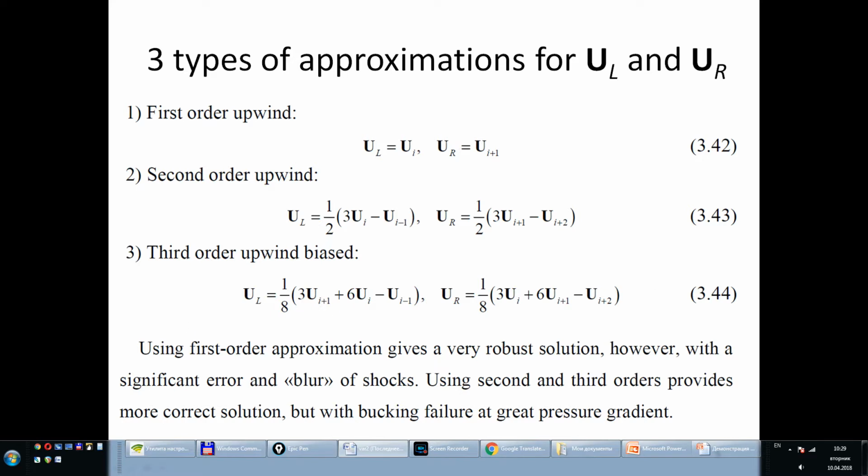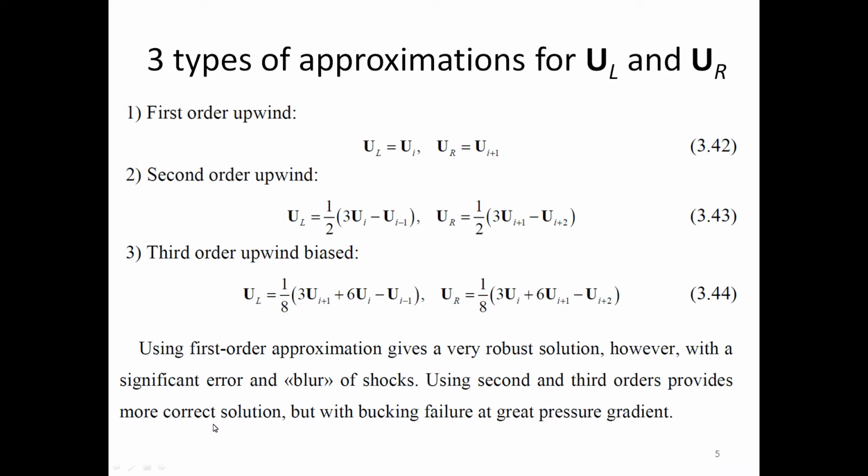When we use first order approximations, we have a very robust solution. However, it has a significant error and blurs shocks. Using second and third orders provides a more correct solution, but with buckling failure at great pressure gradient.